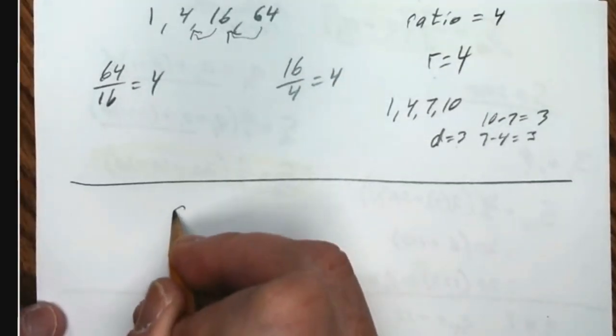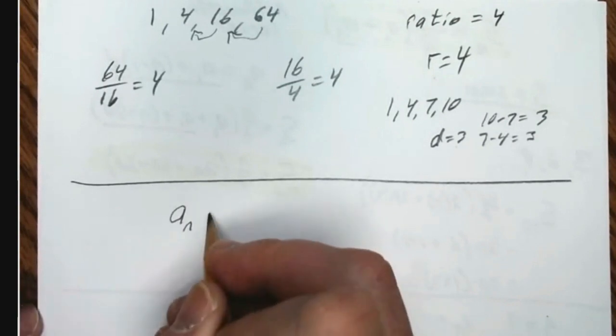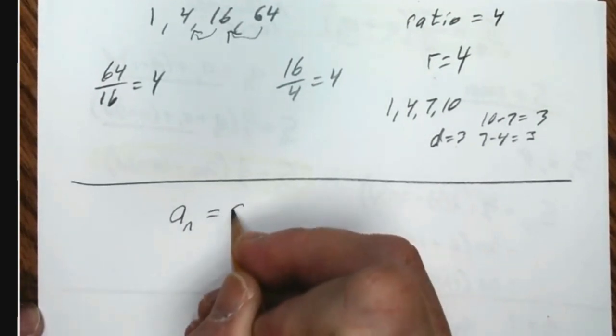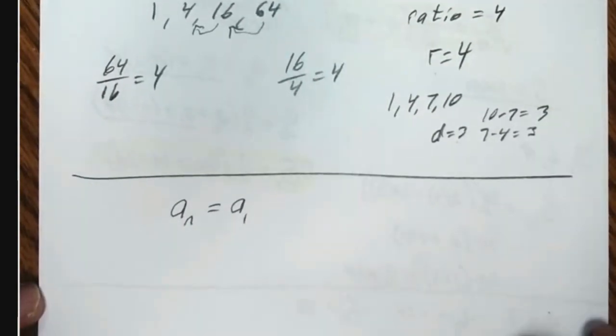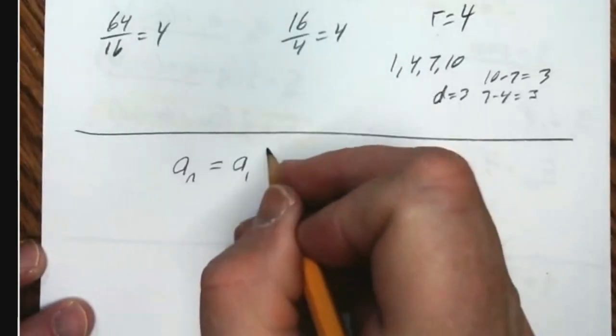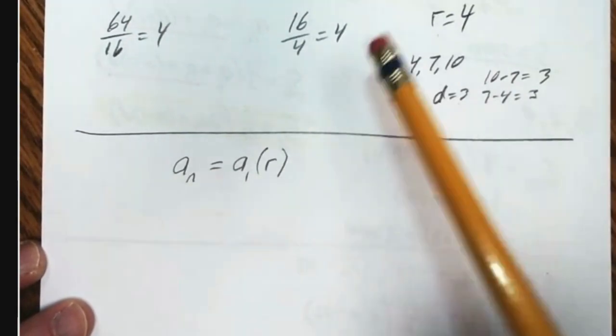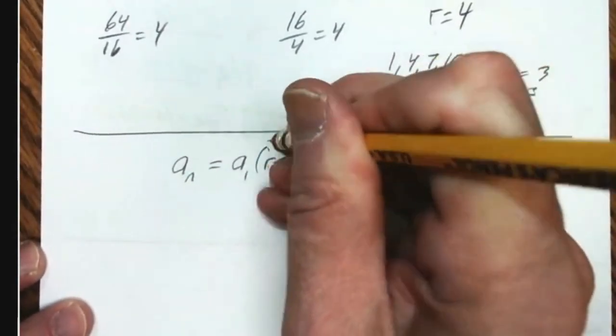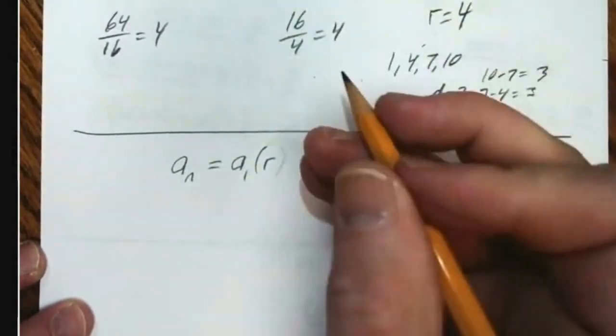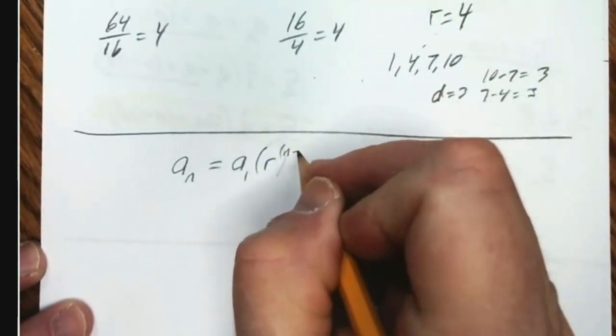Let me put this up on the screen. A sub n is the first term times the common ratio to the power of n minus 1.